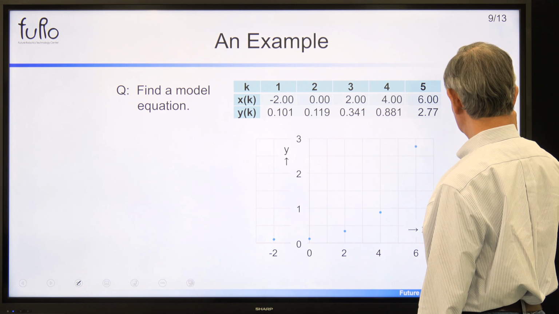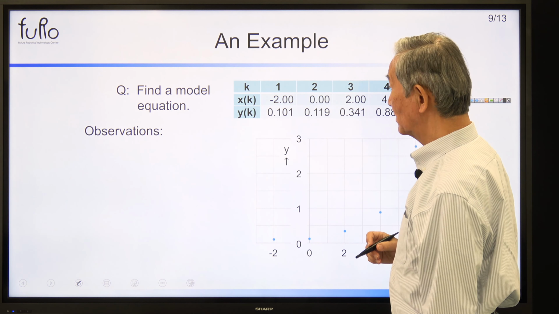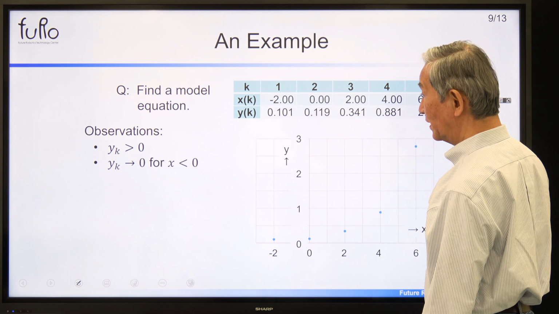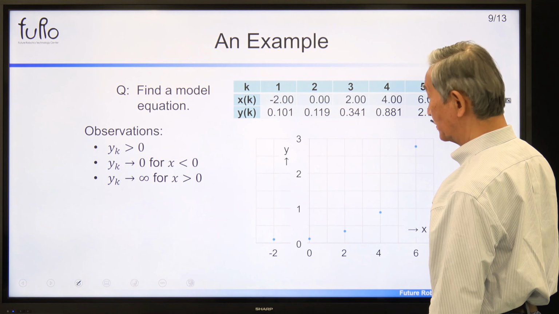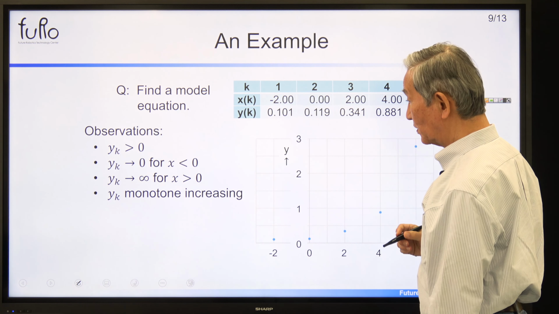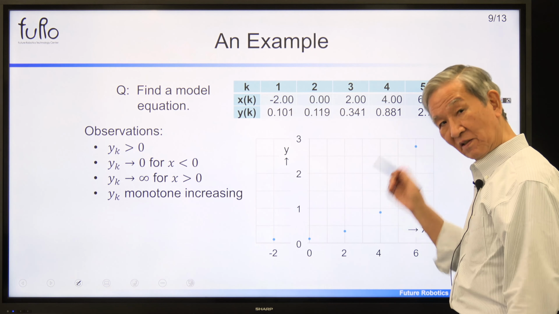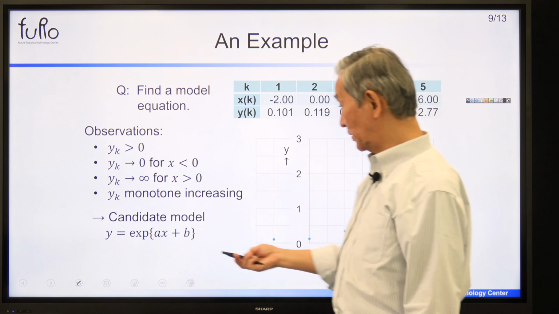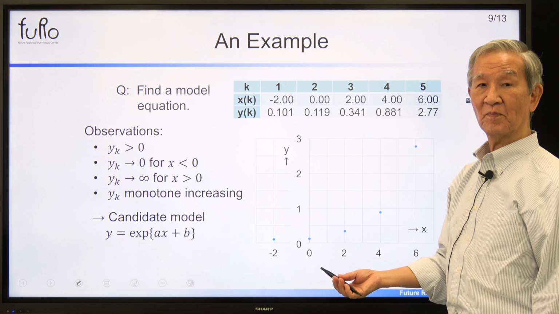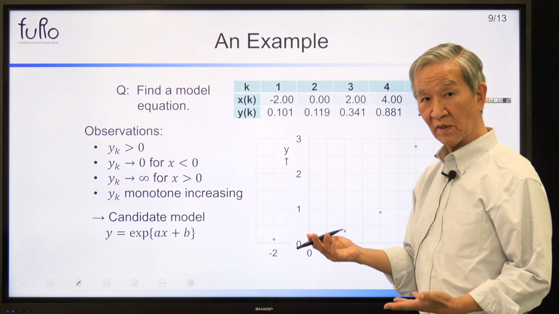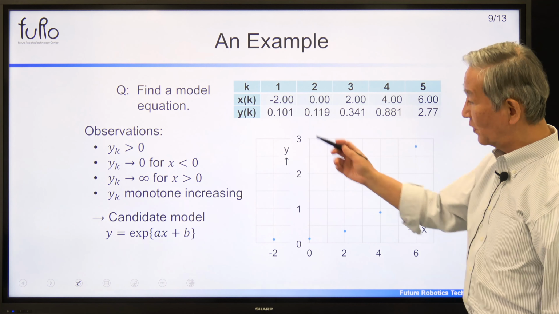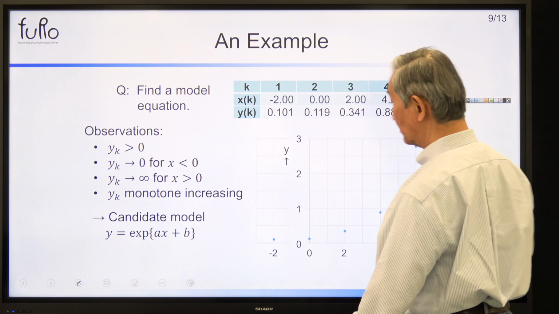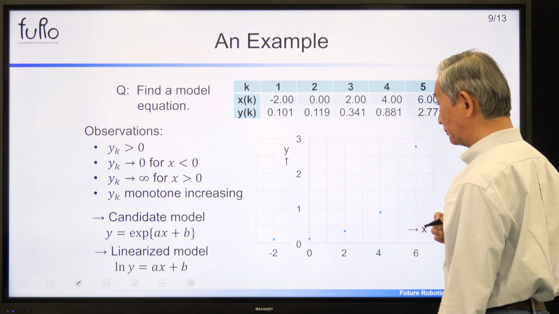The observations y_k are greater than 0, monotone increasing, not oscillating. So a candidate model would be this one, the exponential of ax plus b. You can use other models as well, of course, but from those, probably a reasonable choice for the model is this one here.